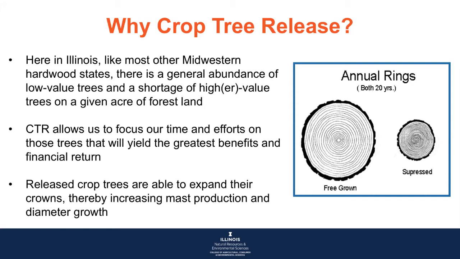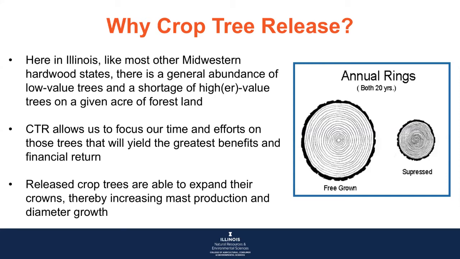By giving your crop tree the opportunity to expand its crown, it will produce more mast and be able to increase its diameter growth rate, because a bigger crown means greater photosynthetic potential, which allows for more mast production and diameter growth. The image on the right is a schematic of a free grown tree.